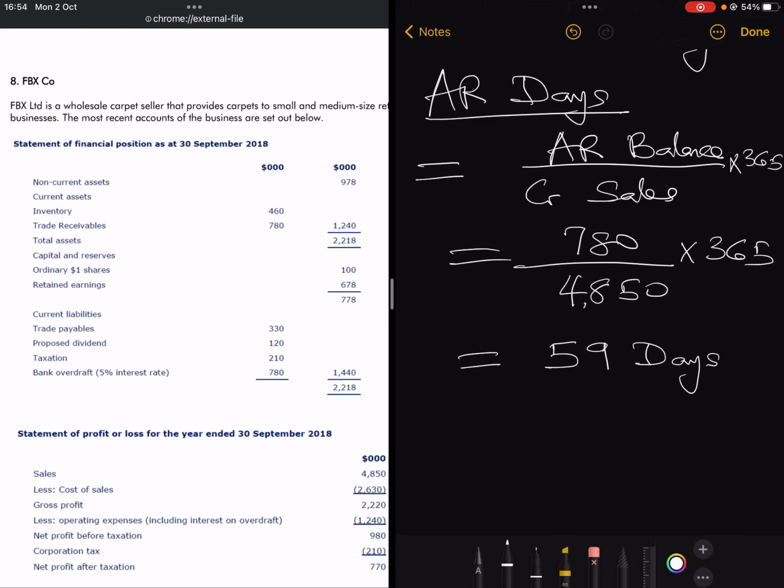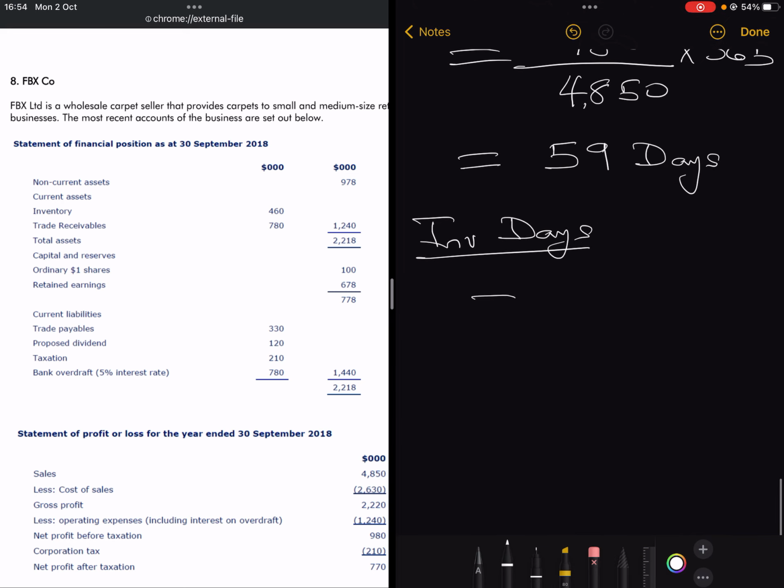The next one is inventory days. Inventory days formula is inventory balance divided by purchases, credit purchases, multiplied by 365.